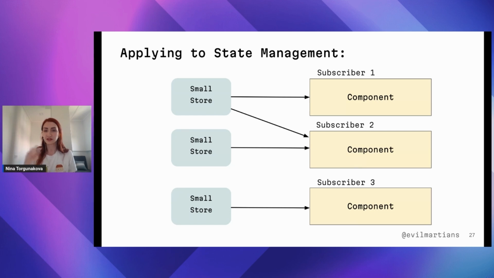So the component can use only the information that it needs. So in this model, we have our components as subscribers and our stores as observable objects. So our components can subscribe to the stores and receive updated values automatically.